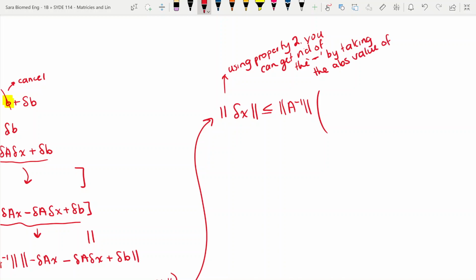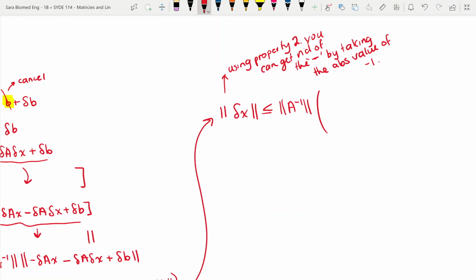Can I erase this part? Okay. So in this step we're using property number 2.